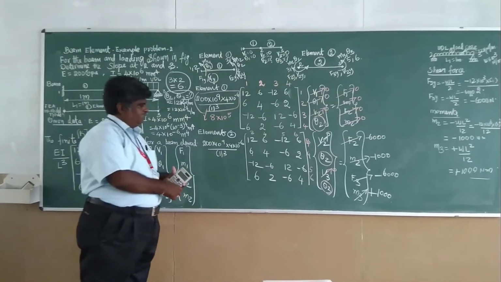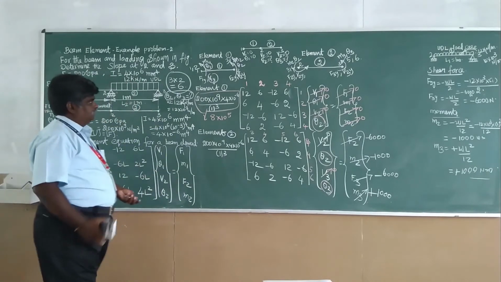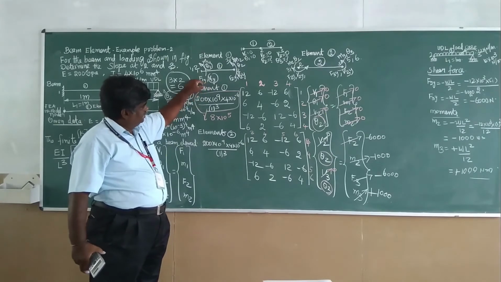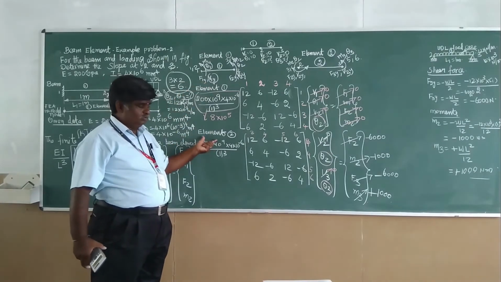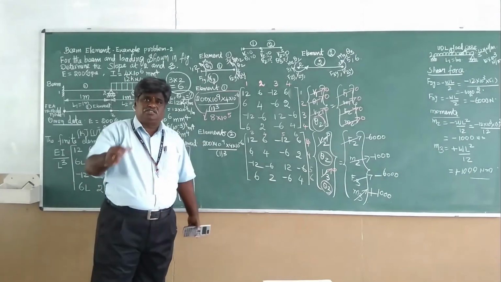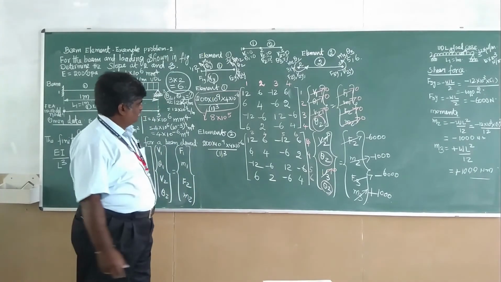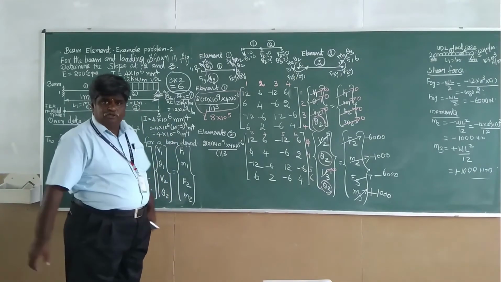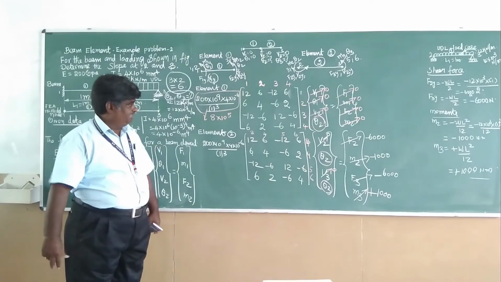The next step, we are determining the element equation for element 1 and element 2. Then next step we have to formulate the system of equation. We have to make a global stiffness matrix. Already we know the boundary condition, apply the boundary condition.